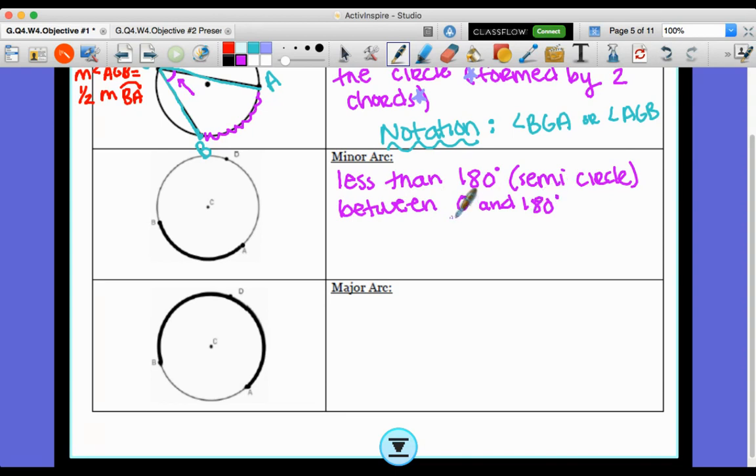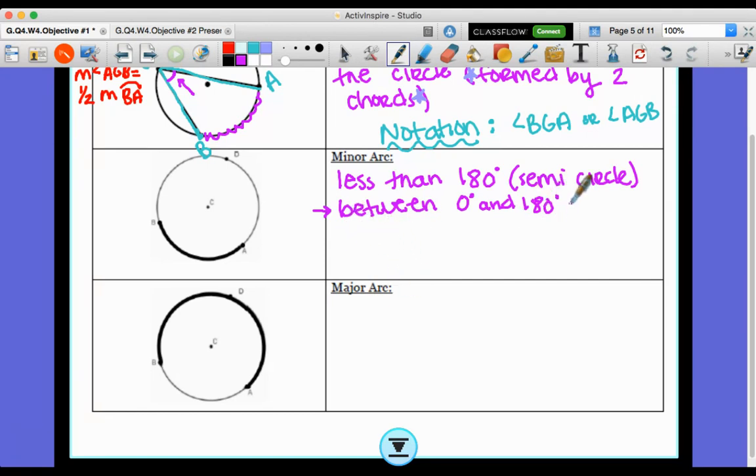And that might not be super meaningful to us yet because we've never really dealt with an angle, especially in geometry, that is less than 0 degrees, but it is good to say that it's between 0 and 180 because in all reality, you can have an angle that's less than 0 and you will be looking at that next year.